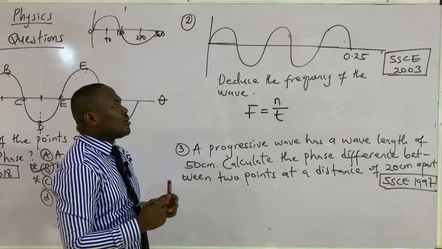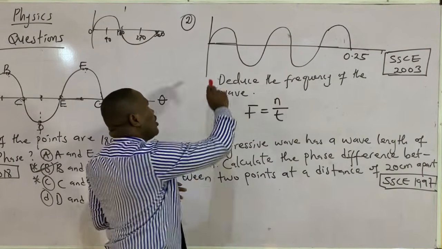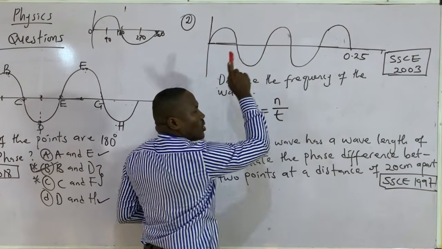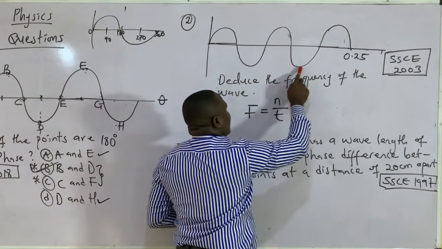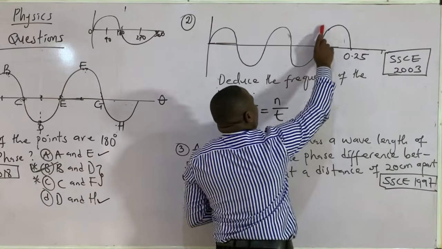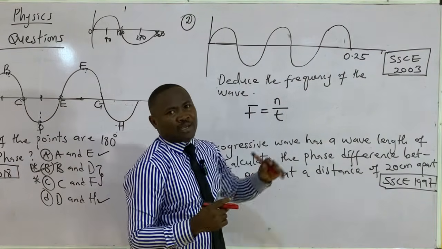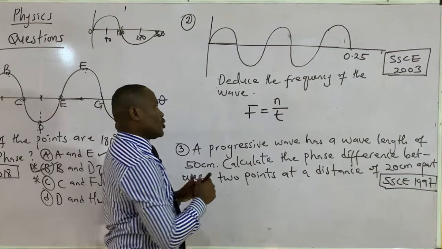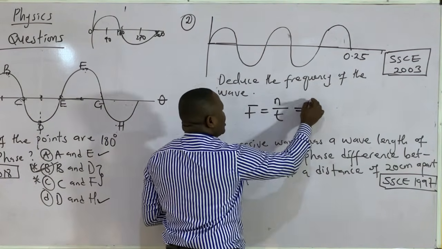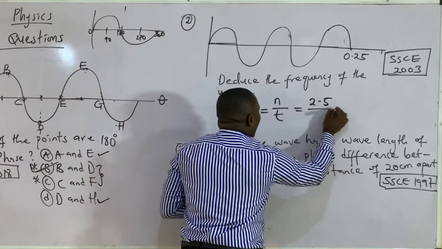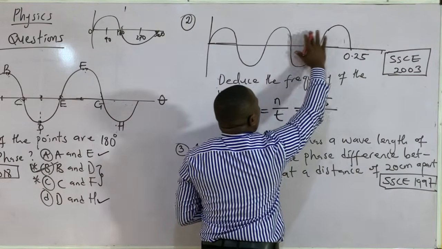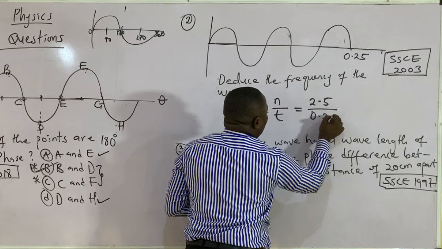Now, what is the number of circles in this diagram? One cup, one cup, one circle, another cup, another cup, another circle, and just one cup. So it means we have 2.5 circles. So my number of oscillations is 2.5 over the time it took, which is 0.25.